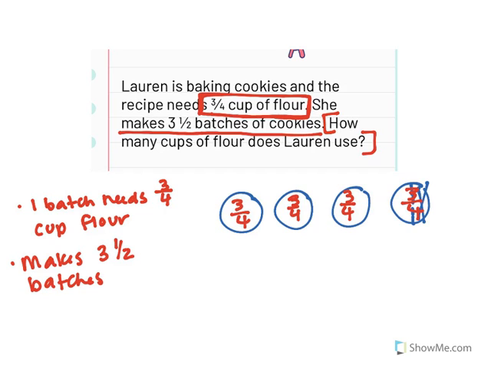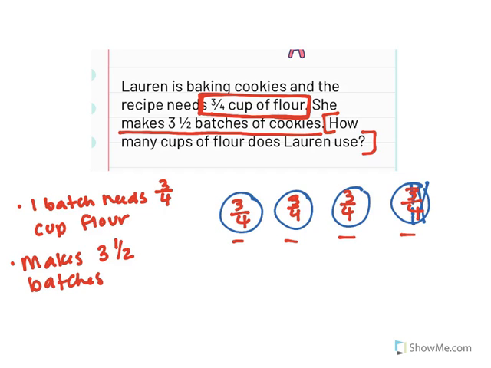I need to think about what operation is happening here. I know if the amount of flour I have is increasing, that means I'm either adding or multiplying. And I know if it's decreasing, I'm either subtracting one amount or subtracting over and over and dividing. I can see if I started with 3/4, but I am repeating the same amount over and over again, it's increasing.